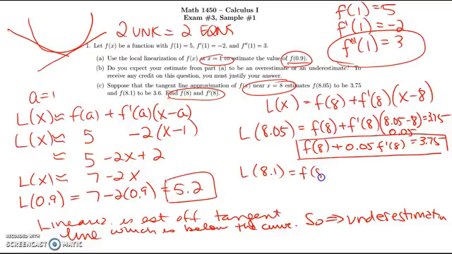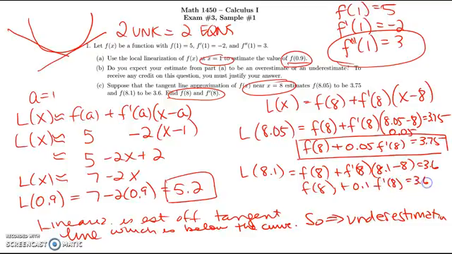Our second equation is the linearization at 8.1. That's f of 8 plus f prime of 8 times 8.1 minus 8, and that equals 3.6. So f of 8 plus 0.1 f prime of 8 equals 3.6.